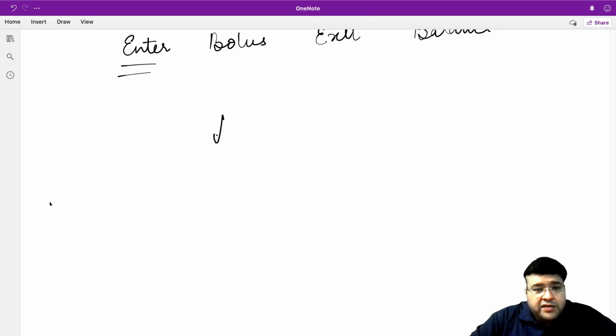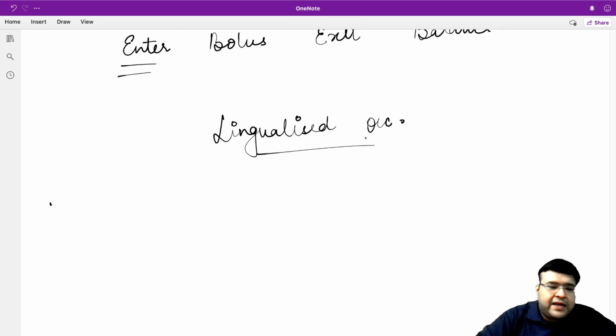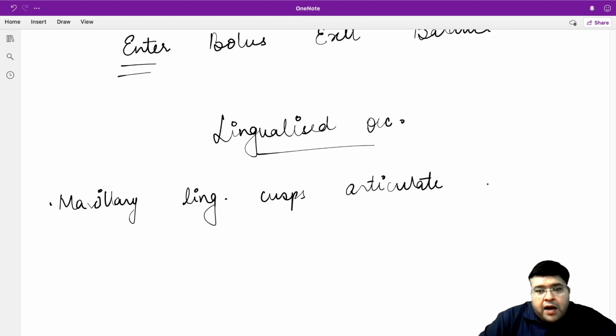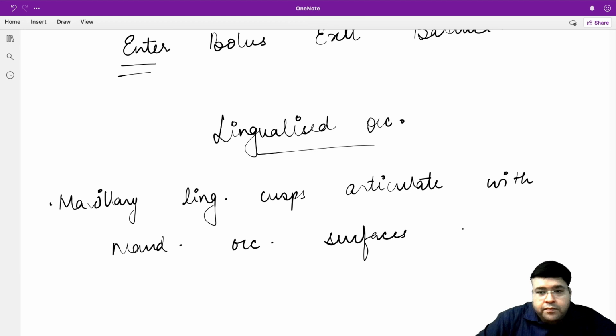Next concept is the concept of lingualized occlusion. What I mean when I say lingualized occlusion is that the maxillary lingual cusps articulate with the mandibular occlusal surfaces in all the movements, right?